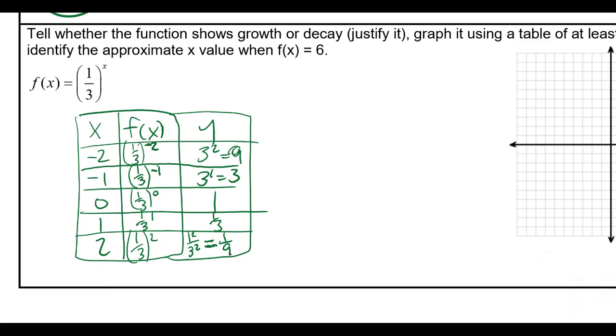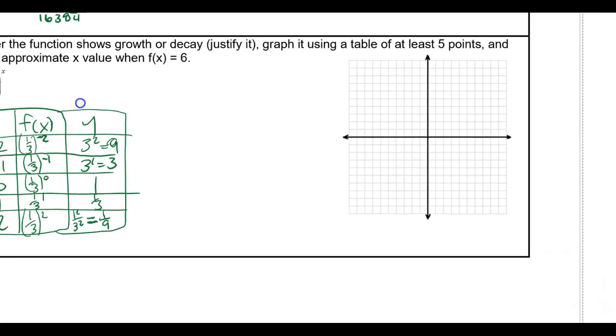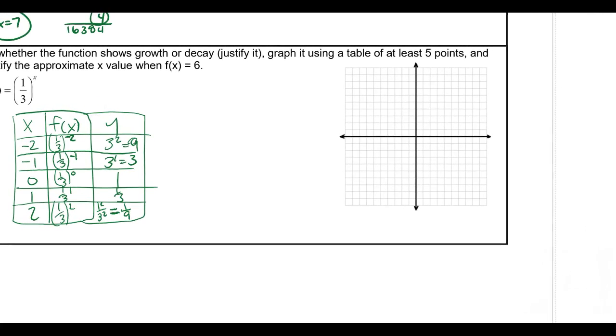So now let's go ahead and take these points and graph them. Okay, so now let's start with -2 and 9. -2 and 9, so 3, 6, 9. And then -1 and 3.